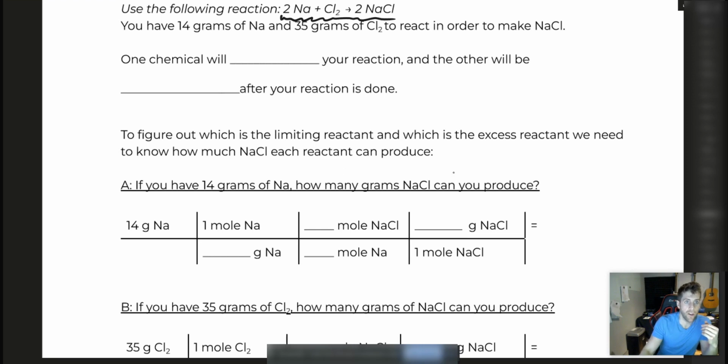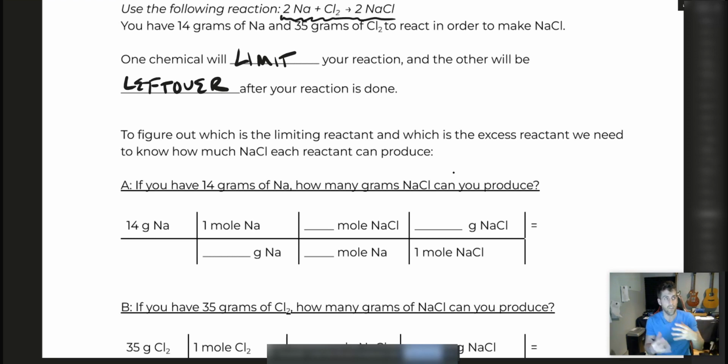You have 14 grams of sodium and 35 grams of chlorine gas to react in order to make sodium chloride, or salt. One chemical will limit your reaction and the other will be left over after your reaction is done. So one is going to limit it and one is going to be left over. It's kind of the game we're playing right now.